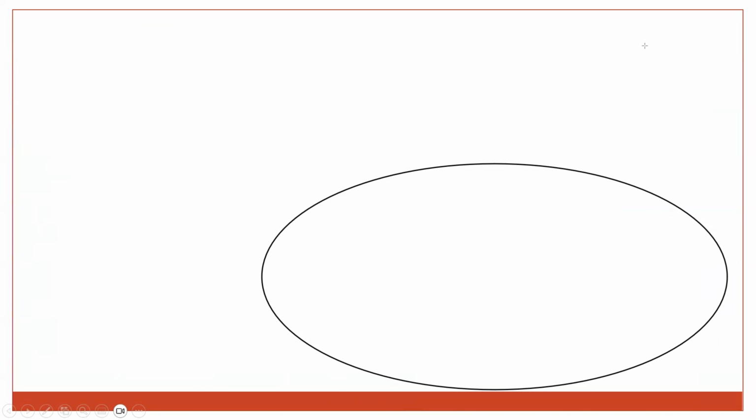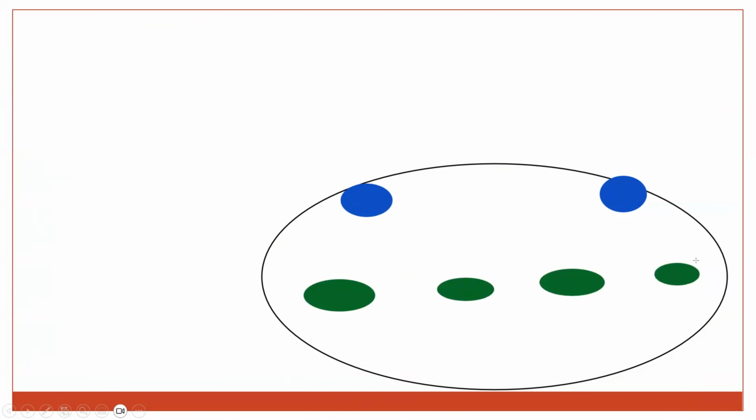Let me change the color. Suppose you have one router here, one router here, one router here, and then you have some other routers in green, and then you have some switches in the bottom.